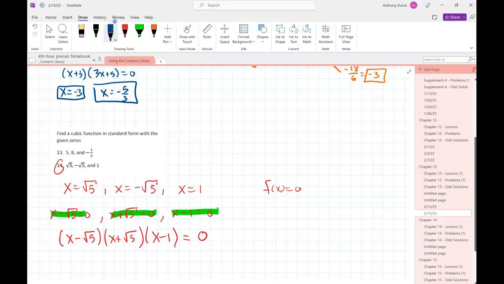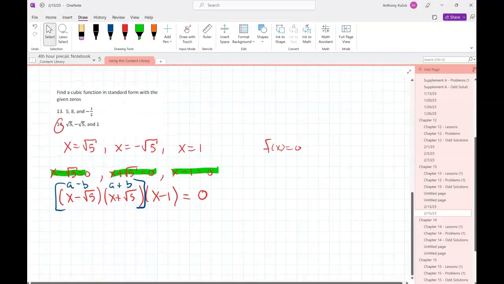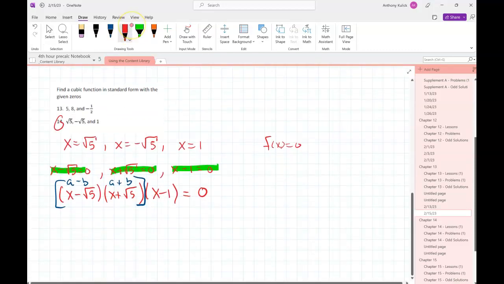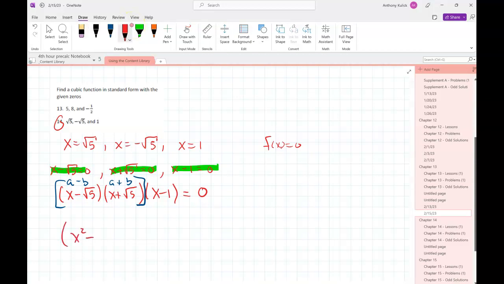Okay. I'm now going to multiply this stuff out. I'm going to start by multiplying these two parts together that both have the radicals in there. I notice this is a difference of two squares factoring pattern. I have an a minus b times an a plus b. So when I FOIL that out, I know I'm just going to get a squared minus b squared.